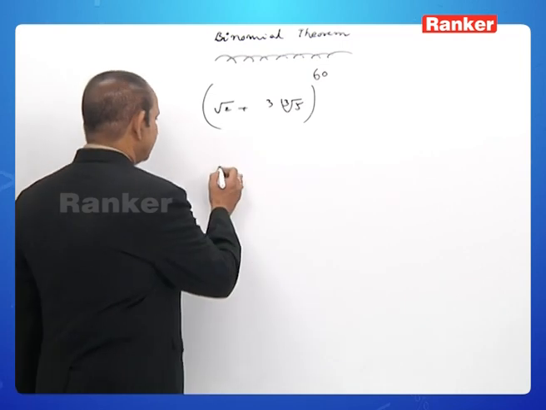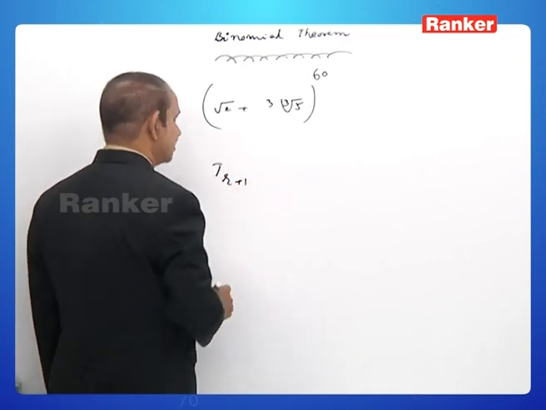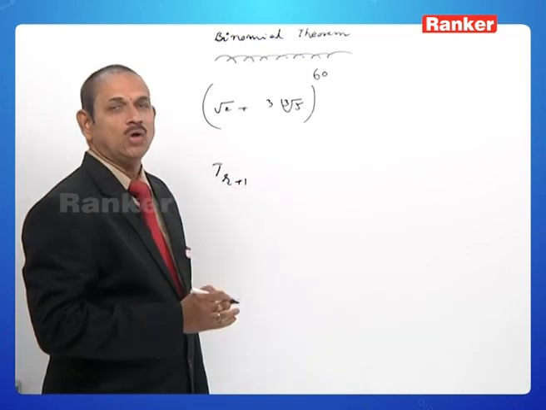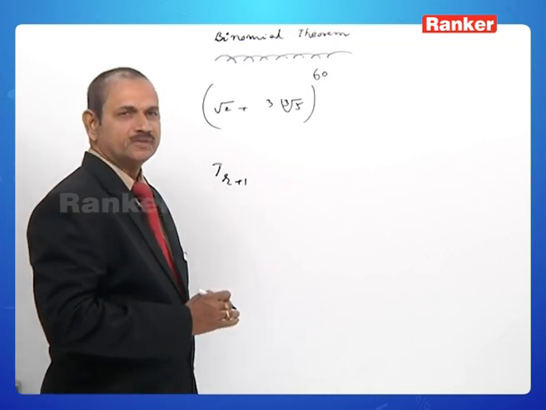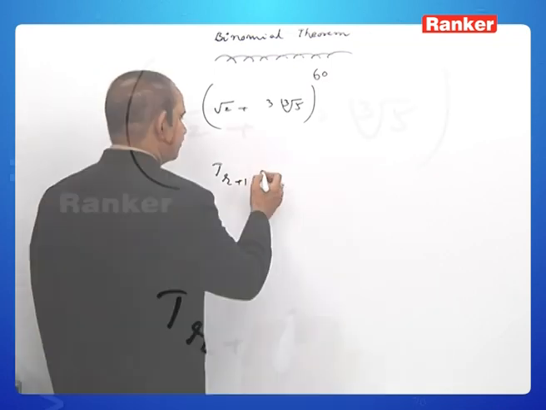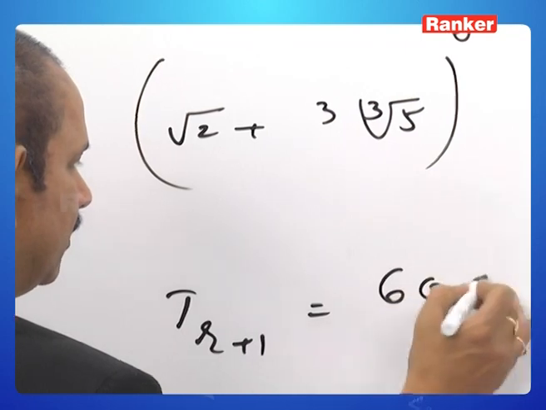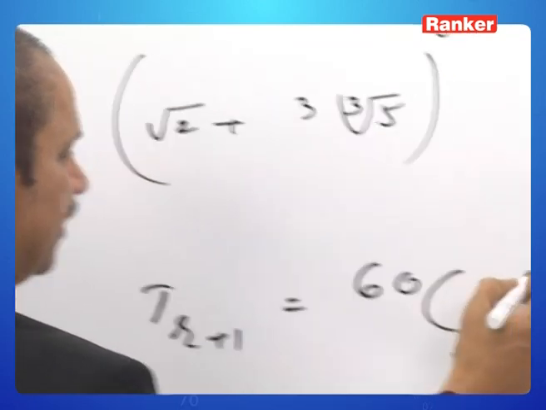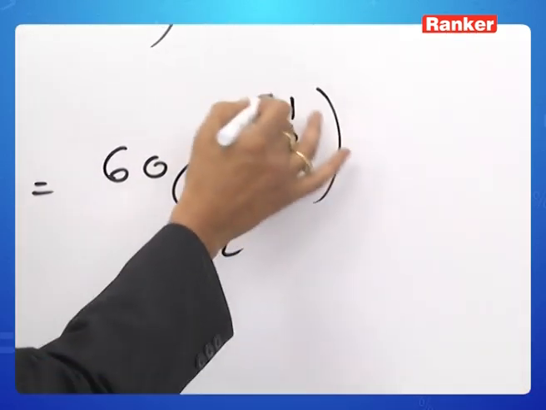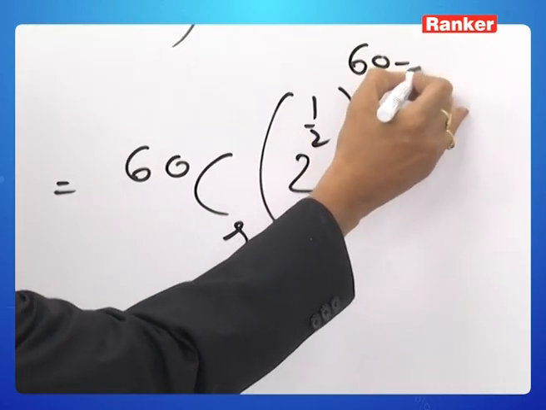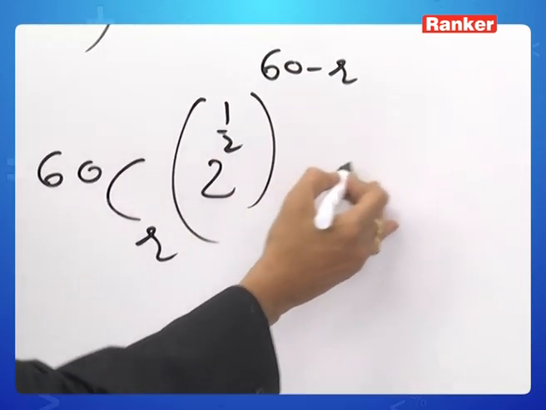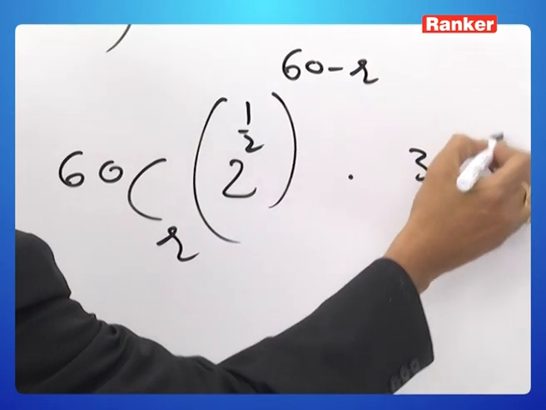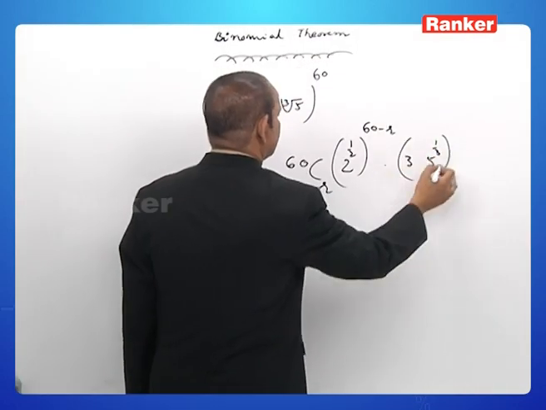Look here, the expansion contains 61 terms, of course, in which the r plus 1th term, T(r+1), is equal to 60 Cr into 2 power half, whole to the power of 60 minus r, into 3 into 5 power 1 by 3, whole to the power of r.